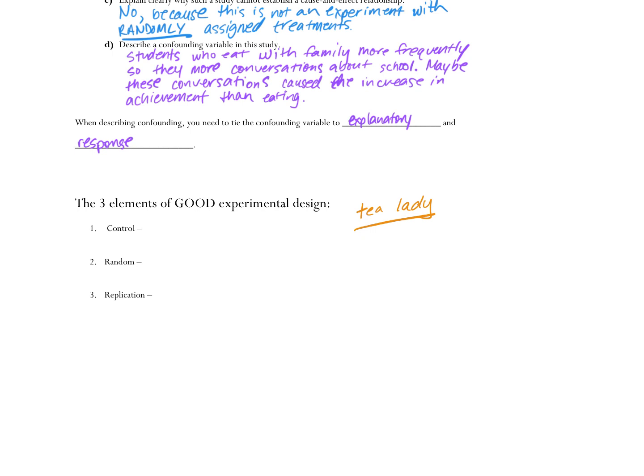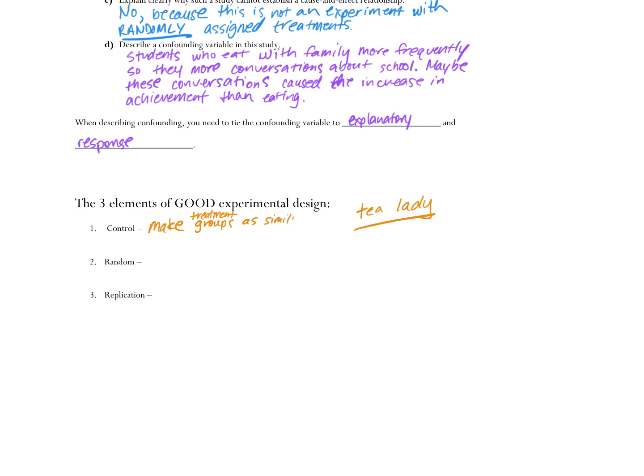All right. So the first one is control. This means make the treatment groups as similar as possible.